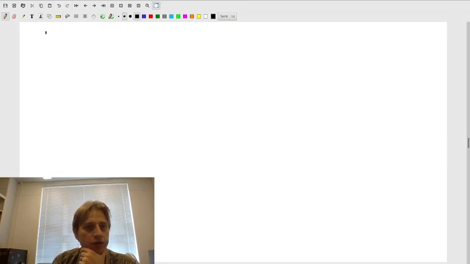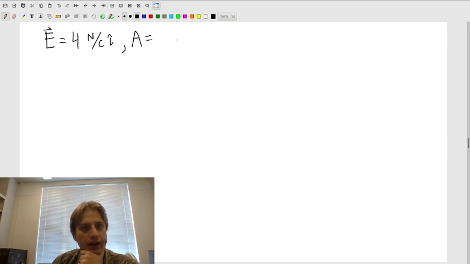So for our example, let's use an electric field that's a constant 4 newtons per coulomb in the i hat direction, and let's use an area that's constant at 3 meters squared. So in this case, what does it look like if your angle is 0 degrees? Well, let's say here's my electric field.